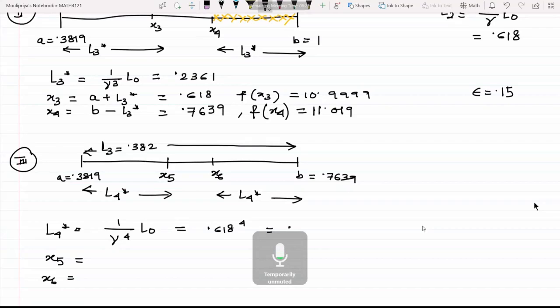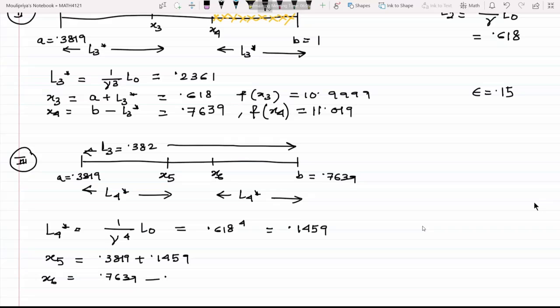Correct. 0.1459. X5 would be 0.3819 plus 0.1459, and X6 would be 0.7639 minus 0.1459.